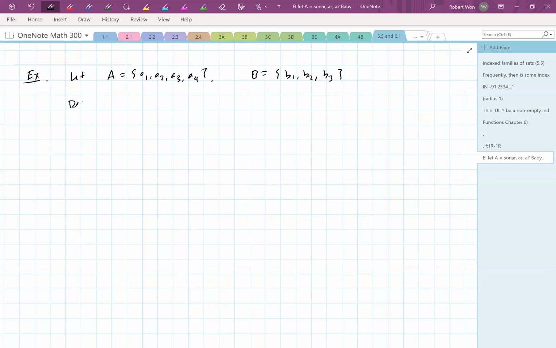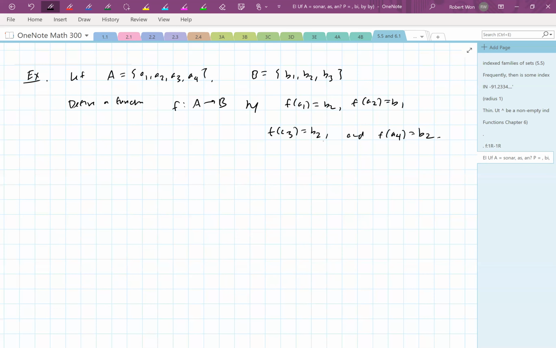And let's define a function f from A to B by, let's say, f of A1 equals B2, f of A2 equals B1, f of A3 equals B2, and f of A4 also equals B2. This is a totally legitimate way to define a function.